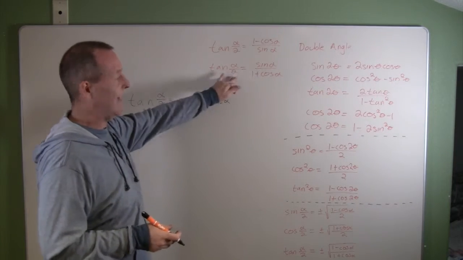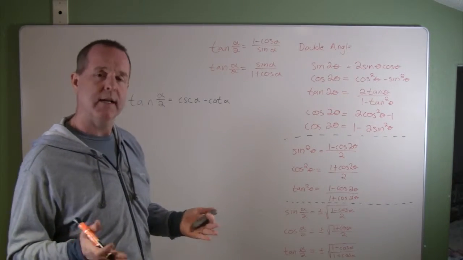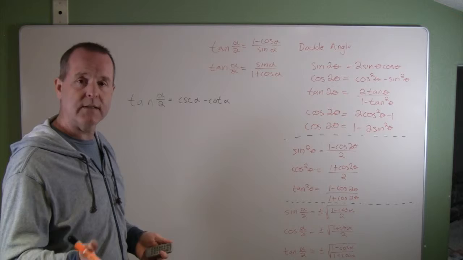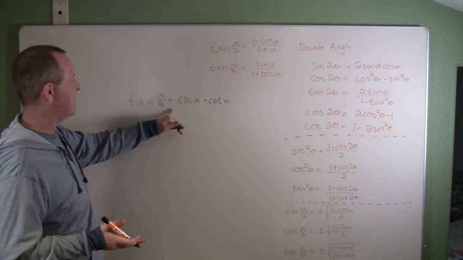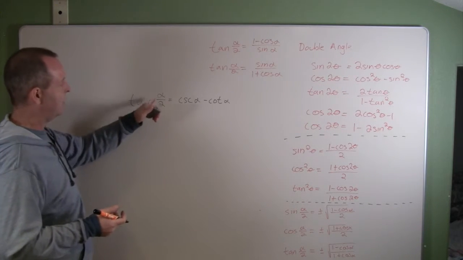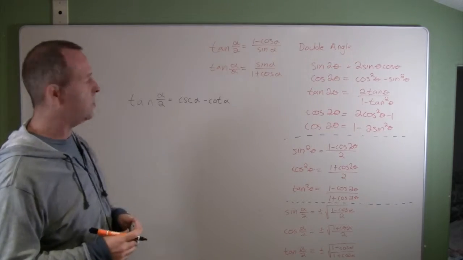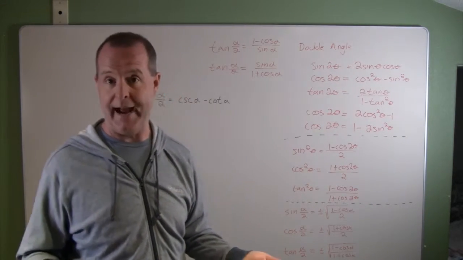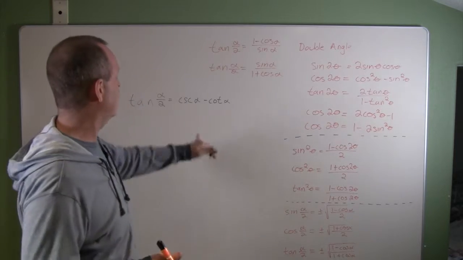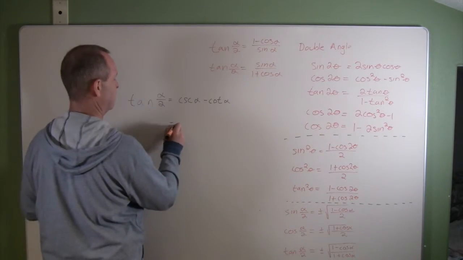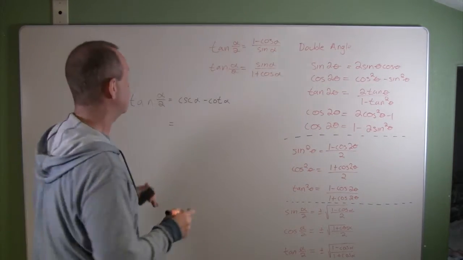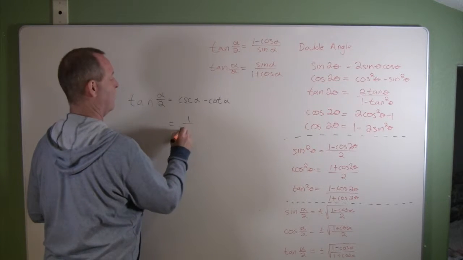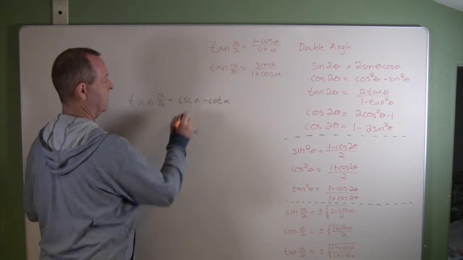So given another identity that we can use, that allows us to solve or verify another identity. The tangent of alpha over 2 equals the cosecant of alpha minus the cotangent of alpha, and I want to verify that. So the complex side is the right side. If I remember, the cosecant of alpha is the reciprocal, 1 over the sine of alpha.